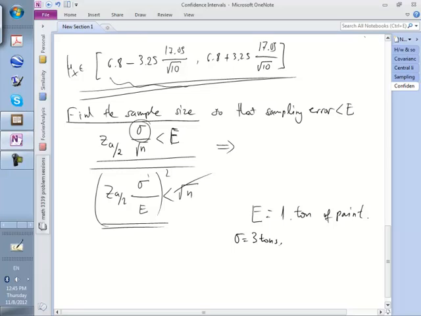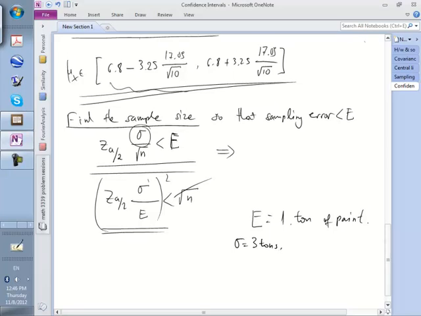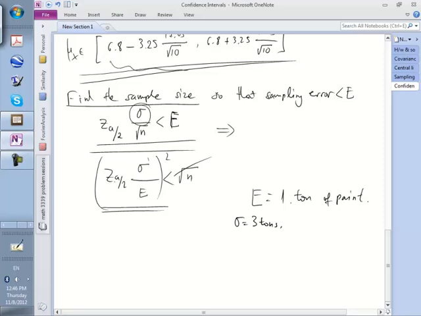And they want 95% confidence. So what shall I do here? I will take the alpha that corresponds to 95% confidence. It's 0.05. So alpha over 2 will be 0.025.